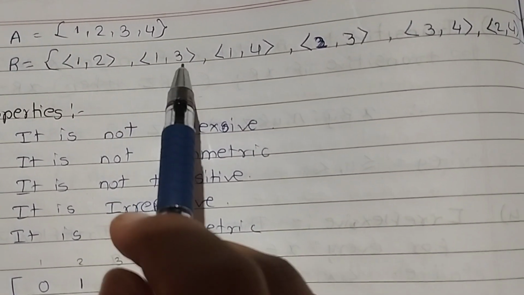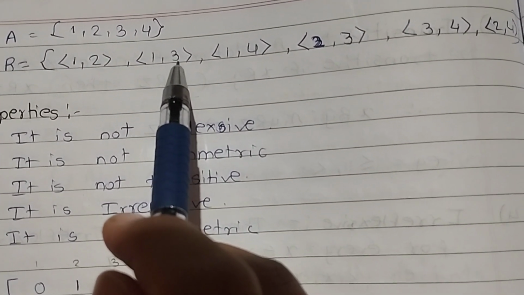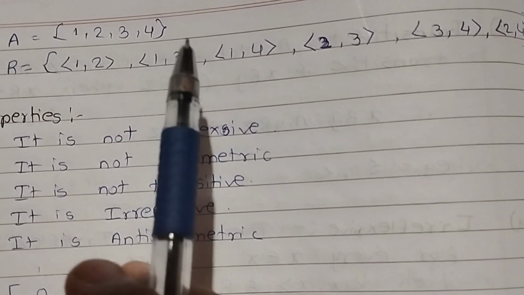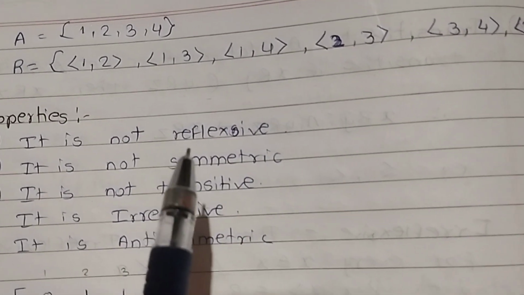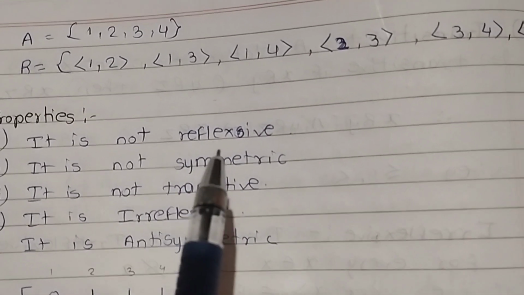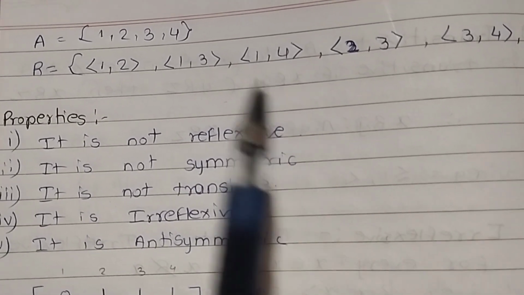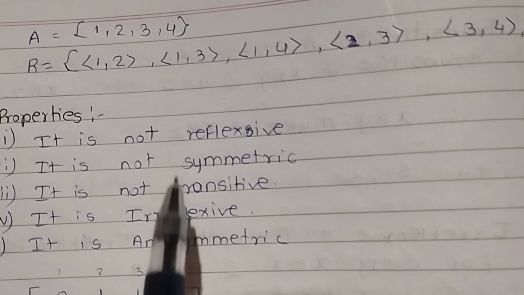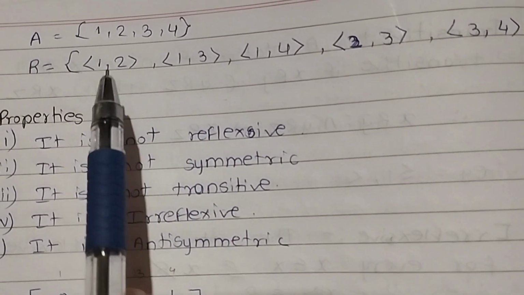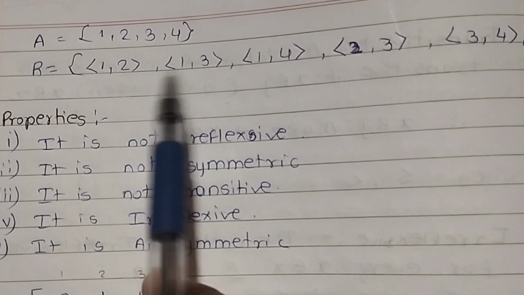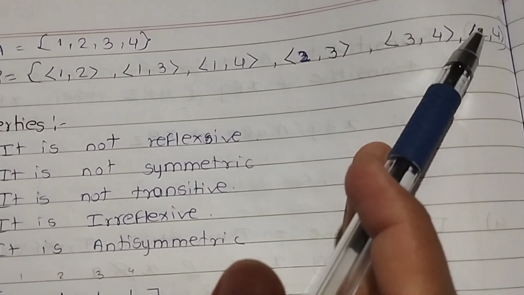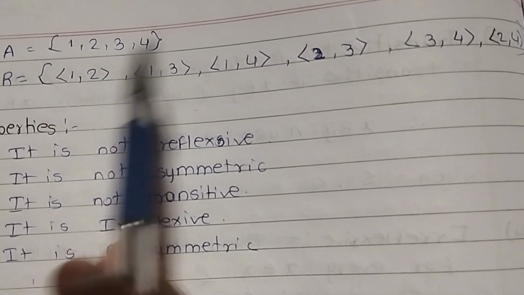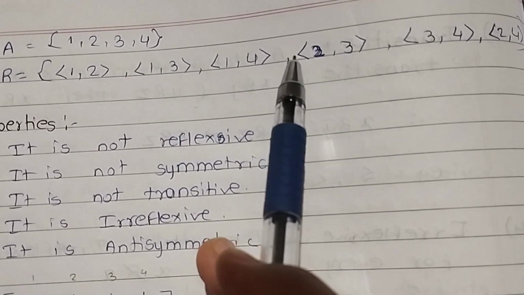Again we check 1 and 3. So we want 3 and 1 also. So no, the given relation does not follow the symmetric property either. Now we check the transitive property. For transitive, we want that if 1 and 2 is present, and then 2 and 4, what element do we want? 1 and 4 is also present.